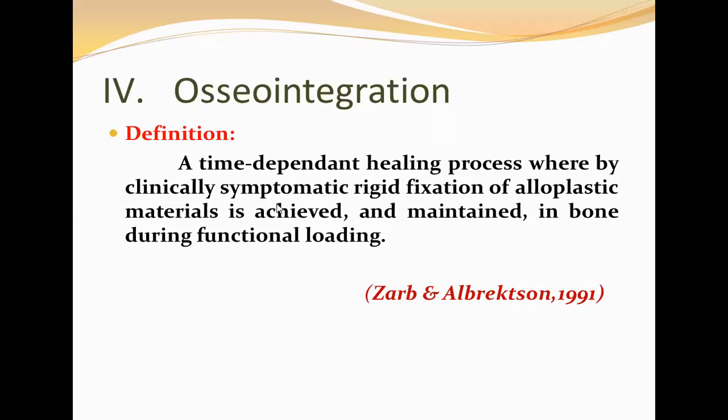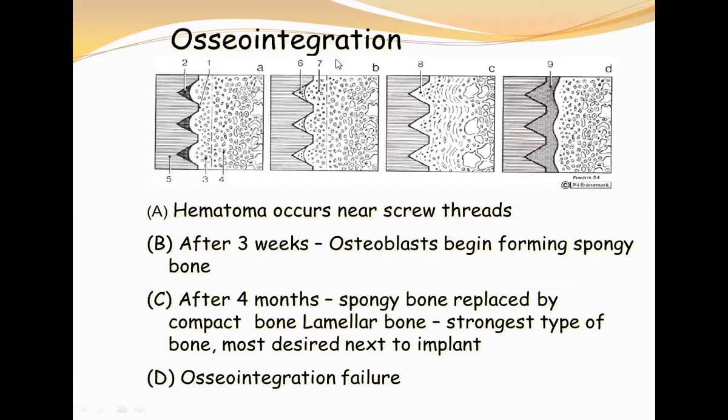It's almost the same definition. Whatever definition you reproduce, it's basically a concept of what is happening for your osseointegration. So this is the pictorial representation of what happens. If you focus on this photograph, this is your implant or alloplastic material.